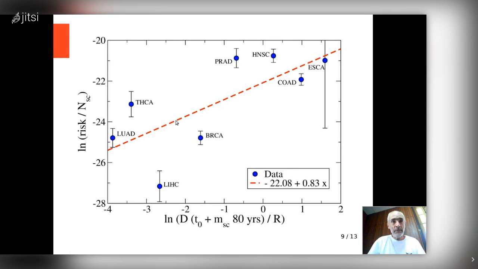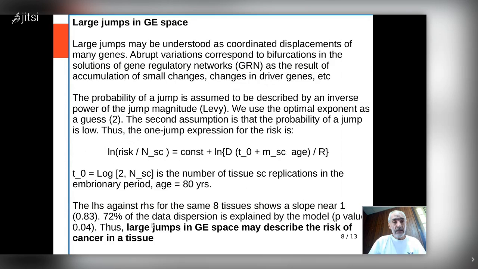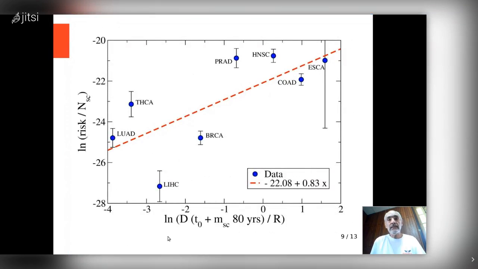The parameters come either from gene expression data or from compilation of data. The slope is 0.83. 72% of the variance in the data is explained by this simple model. The p-value is 0.04. Then, in principle, large jumps in gene expression space may describe the risk of cancer, at least in this set of tissues.